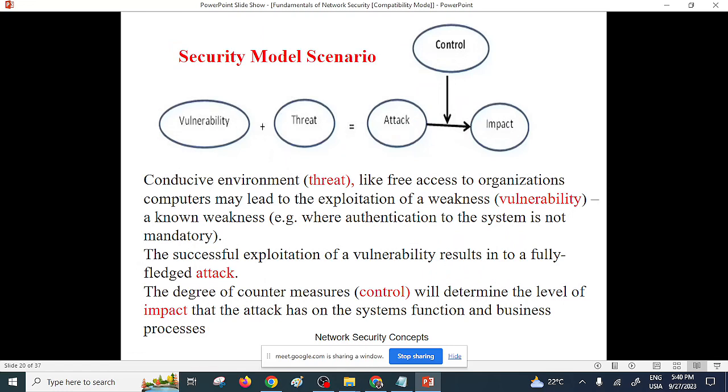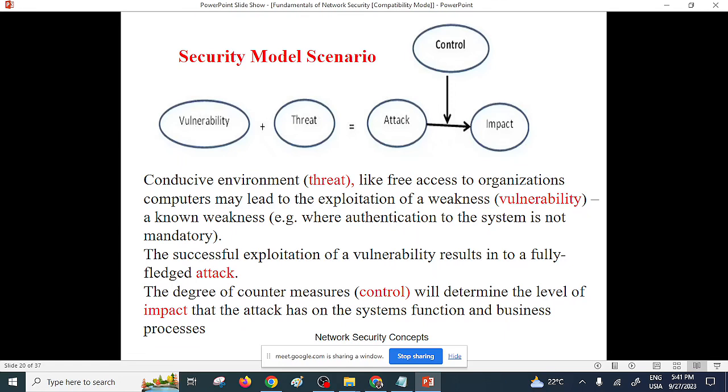So how do we implement a typical security system? We need to factor out what are the vulnerabilities, what are the threats, right? If these two match, then definitely there will be an attack. So it's our responsibility to ensure that the systems are not vulnerable and the environment is not conducive for a given kind of attack. But let's say attack happens, right?